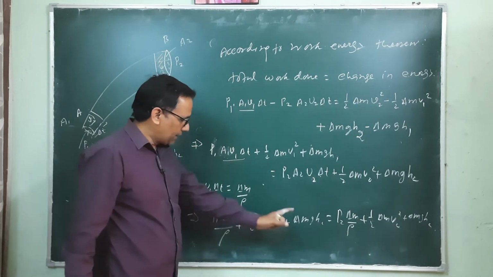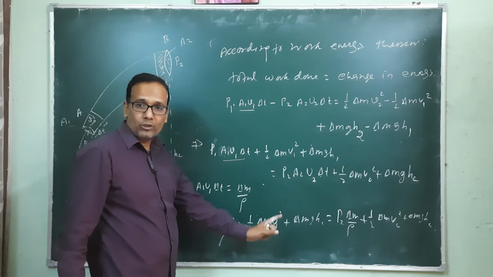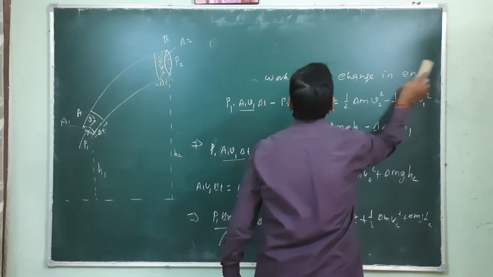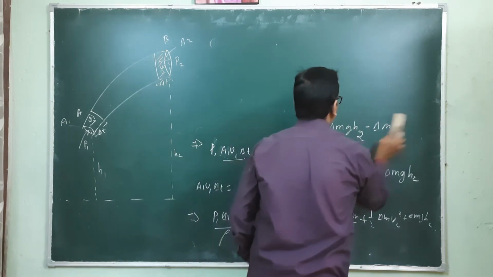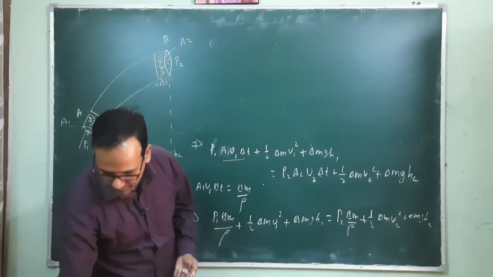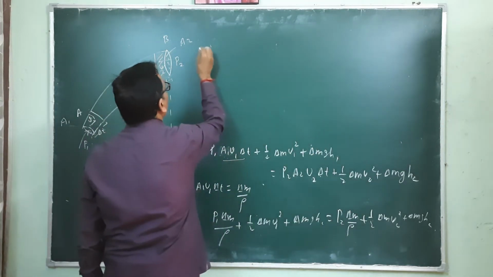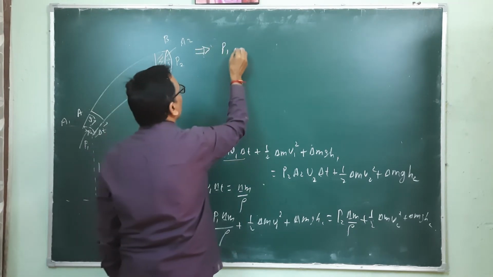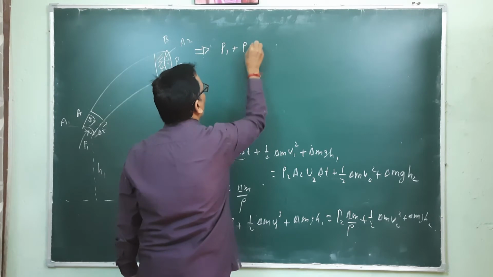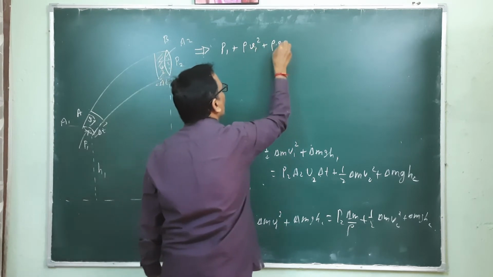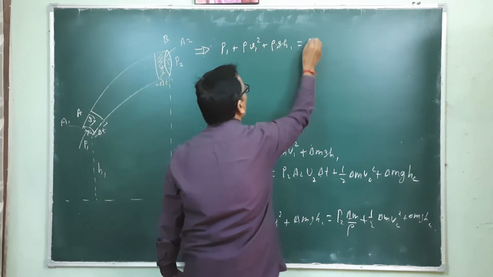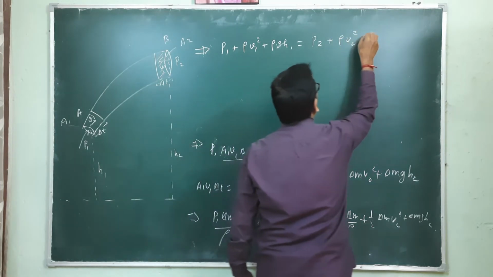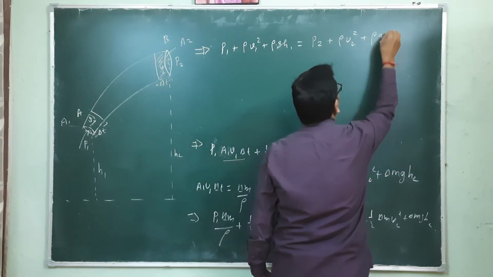By cancelling out delta M and multiplying both sides by rho, what we will have is P1 plus half rho V1 square plus rho G H1, equivalent to P2 plus half rho V2 square plus rho G H2.